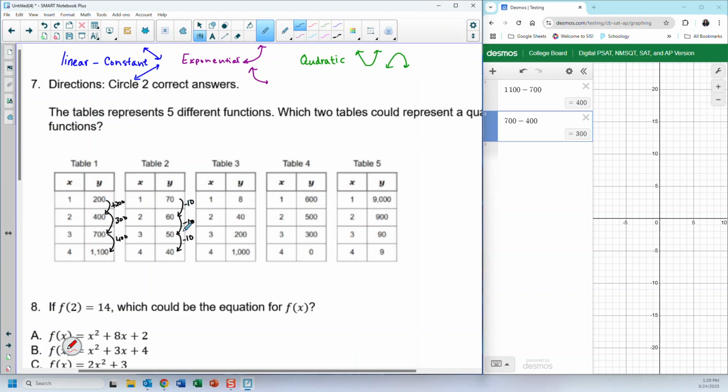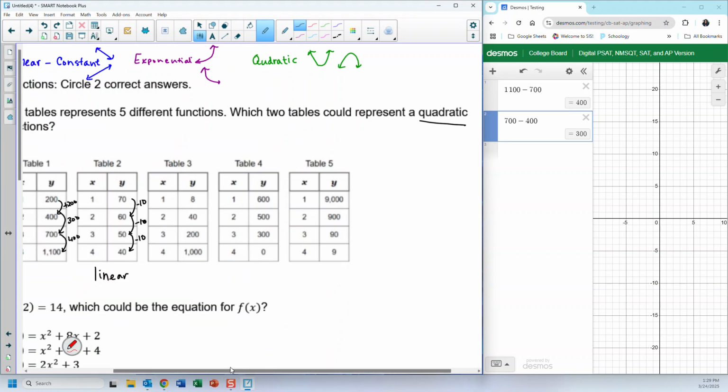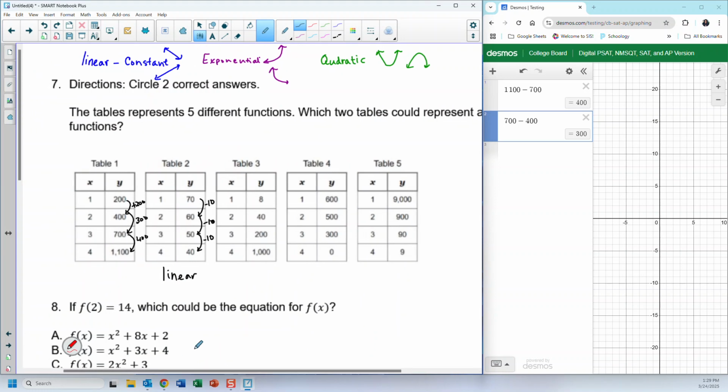It keeps changing by the same number all the time. Here it keeps changing, but by different numbers. So I will go ahead and say that this is linear, okay? The question is asking me for quadratic. So linear is easier to find just because it's the same number. Quadratics and exponential, they're kind of more trickier to find. But let me keep going.